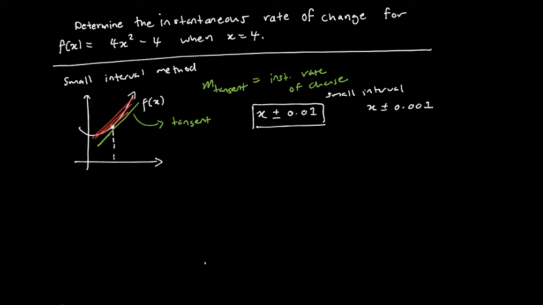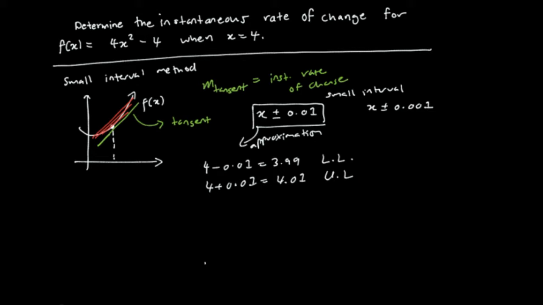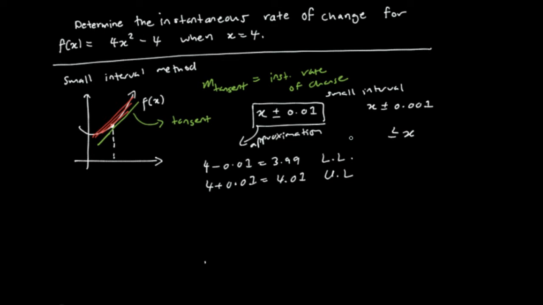The lower limit here is 4 minus 0.01, which gives us 3.99, and the upper limit is 4 plus 0.01, which gives us 4.01. So our small interval is x greater than or equal to 3.99, but less than or equal to 4.01.